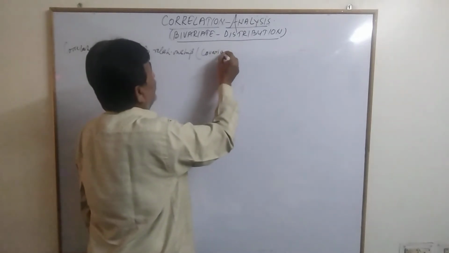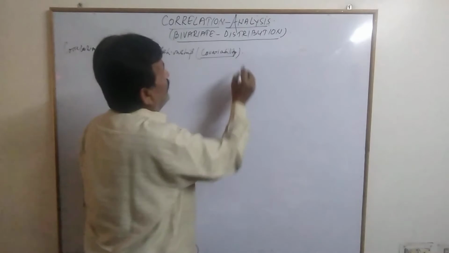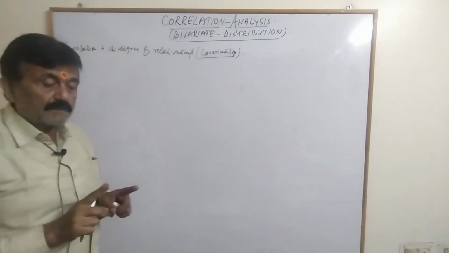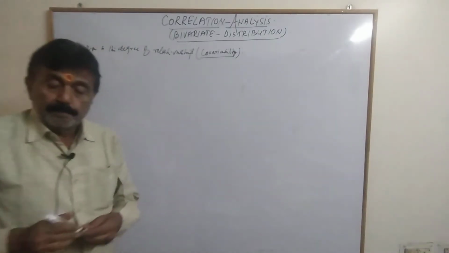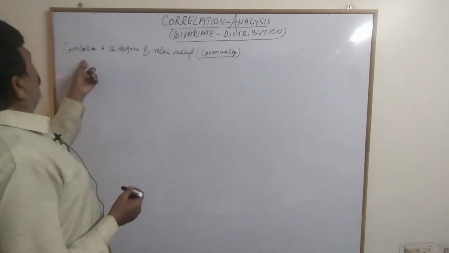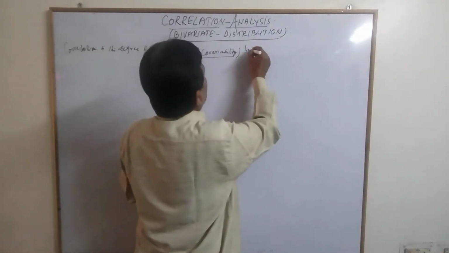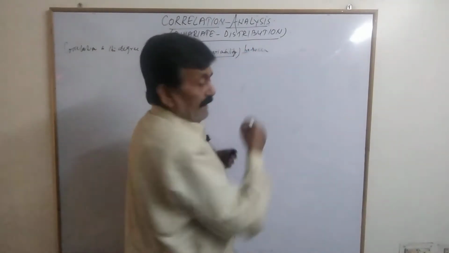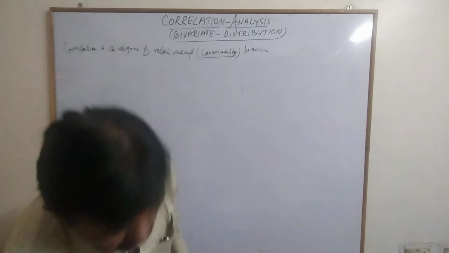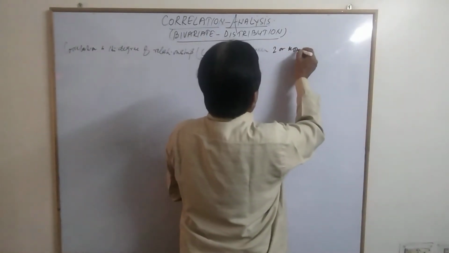That has to be kept in mind, that this relationship means covariability between two or more variables to move together or not to move together. So this is covariability. So correlation is the degree of relationship between two or more variables.